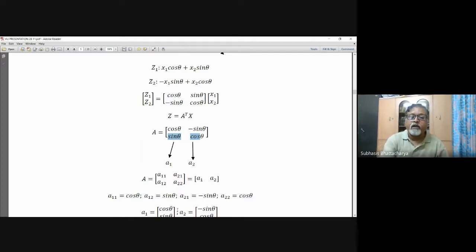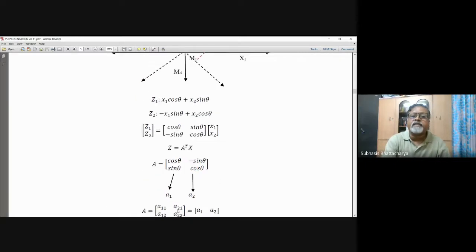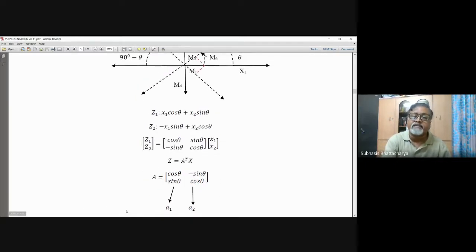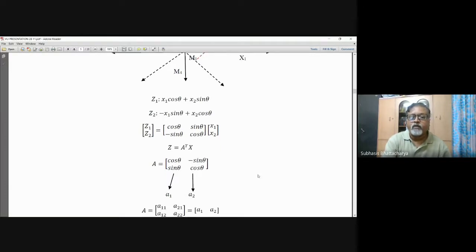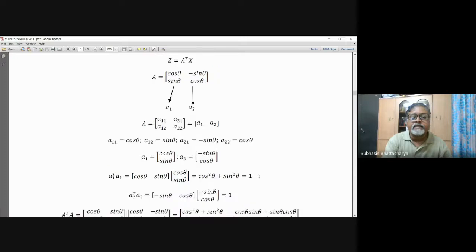Originally, the equations are expressed in terms of cos theta and sin theta. Now consider A1 transpose A1. If I make the transpose, the column goes into the row position, cos theta sin theta, multiplied by the original A1, cos theta sin theta.